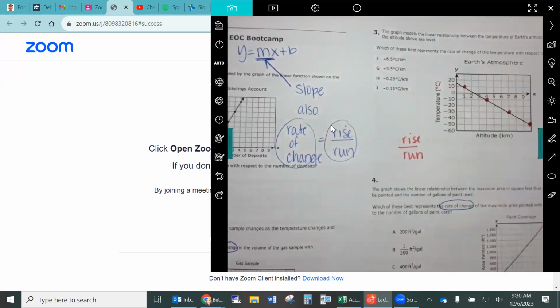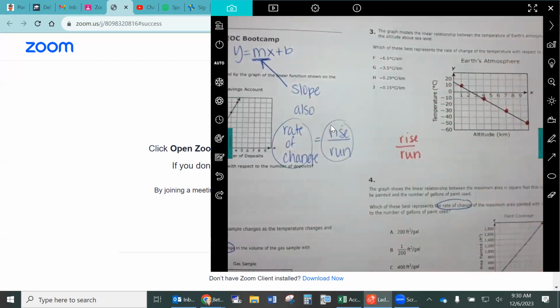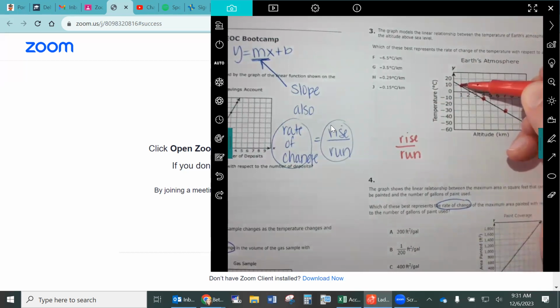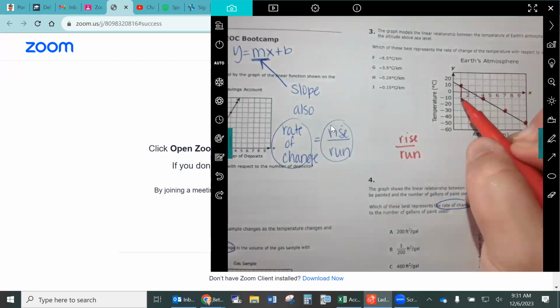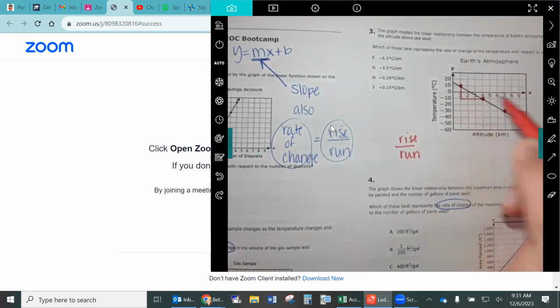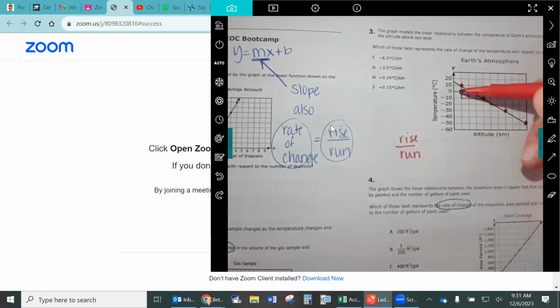Now, remember that you're not really just counting boxes. You also want to take into account how much each box is worth. So if I'm going from here to here, I have to go down 2 boxes and then over 1, 2, 3 boxes. But here's the problem: if I'm going down 2 boxes, look at how much each box is worth.